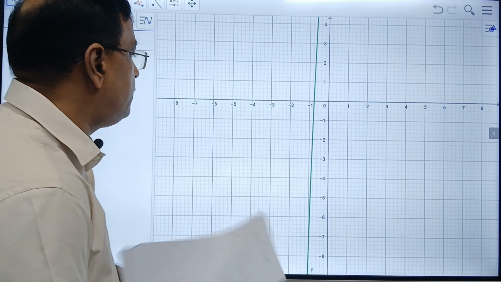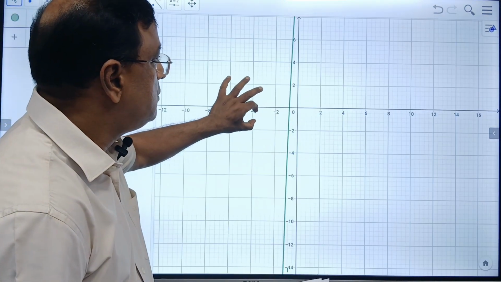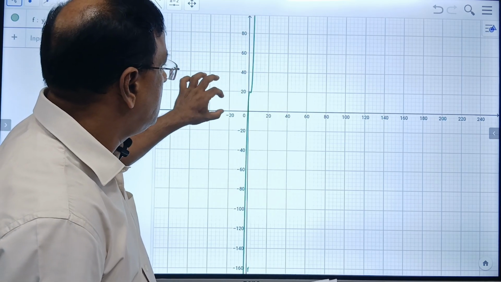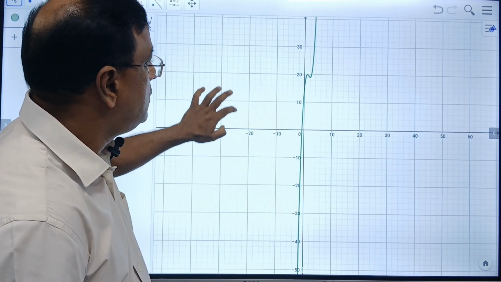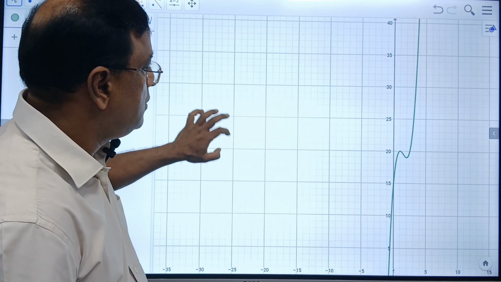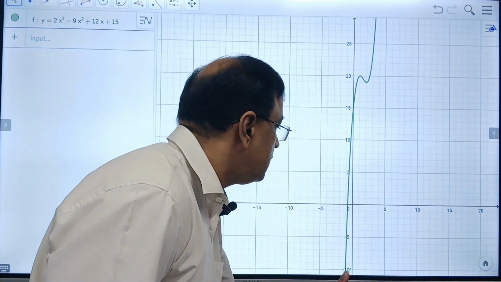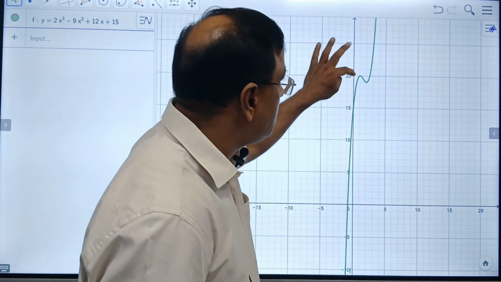Such a lovely graph. You can see, I'll just bring this down. You can see the function increases from minus infinity to a particular point.